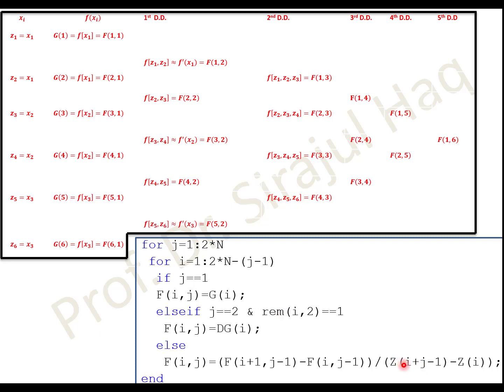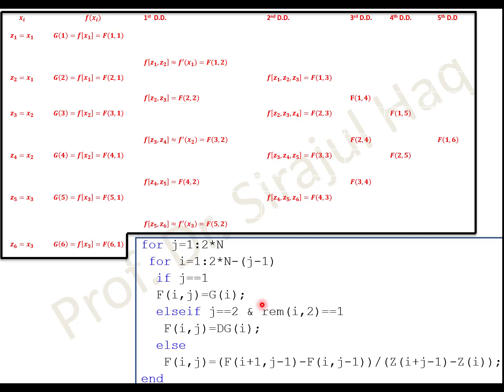This is 3 plus 2 is 5, 5 minus 1 is 4. And this is 4 plus 2 is 6, 6 minus 1 is 5, z5 minus z4. So you can see z5 minus z4, x3 minus x2, so we don't have the problem over there.